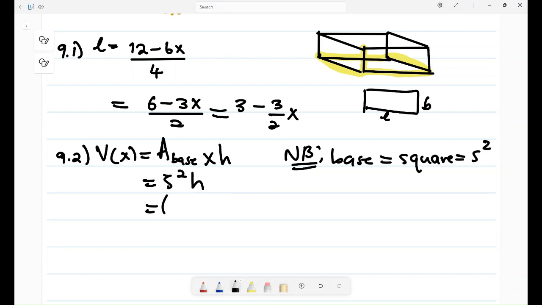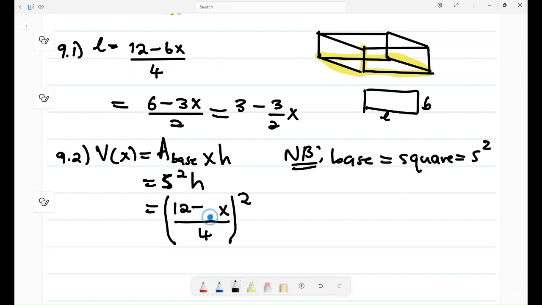So now let's start to substitute. What is s? s is the length of the side. It is going to be 12 minus 6x, all divided by 4. You all agree with me? I'll just leave it like that, squared.